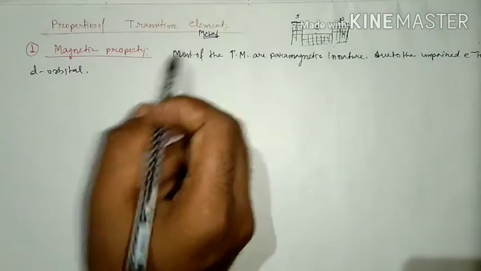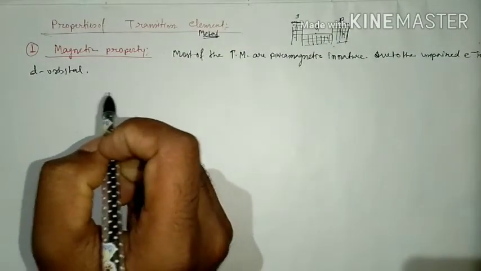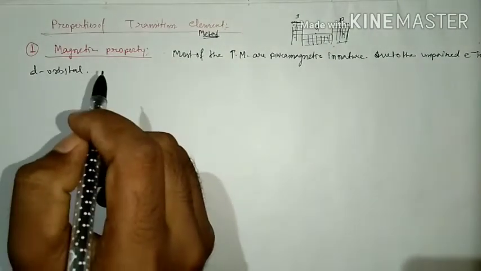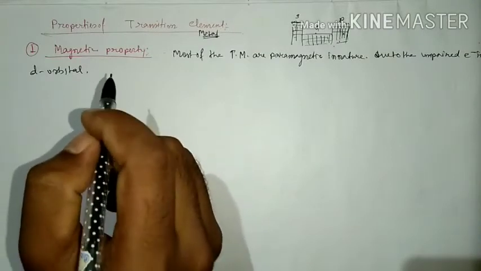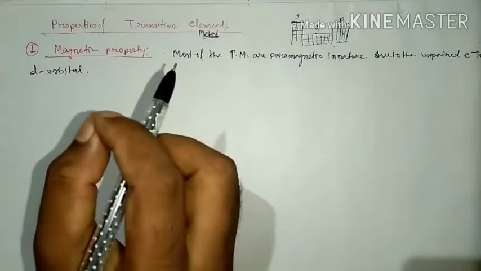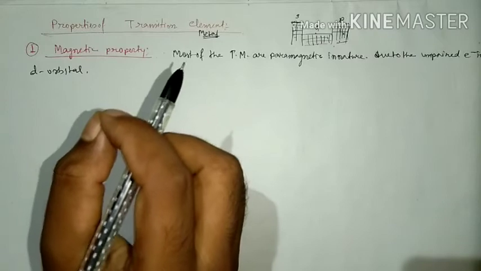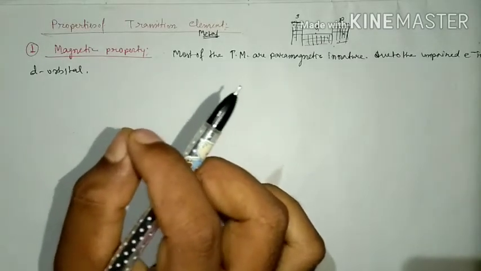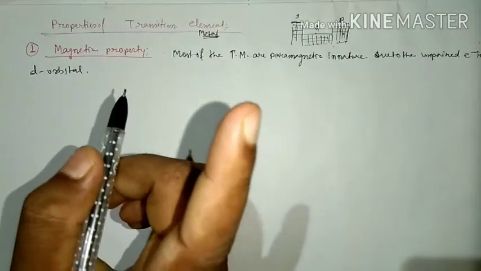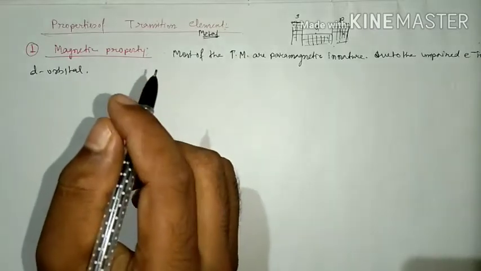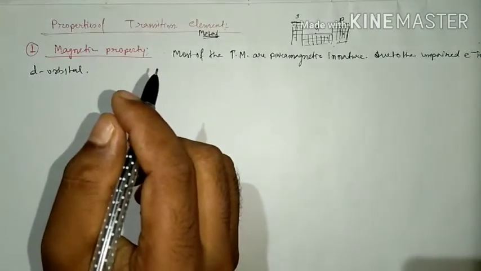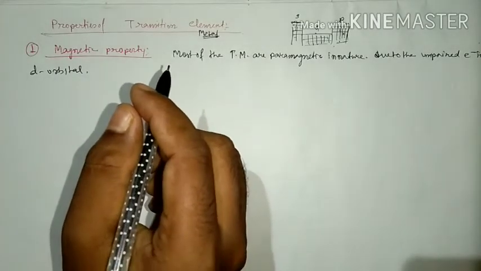Okay, now see, as we are going from scandium to zinc in the first transition series element, we can see the unpaired electrons. Suppose in scandium there is one unpaired electron. Suppose iron, whose atomic number is 26, has 4 unpaired electrons.